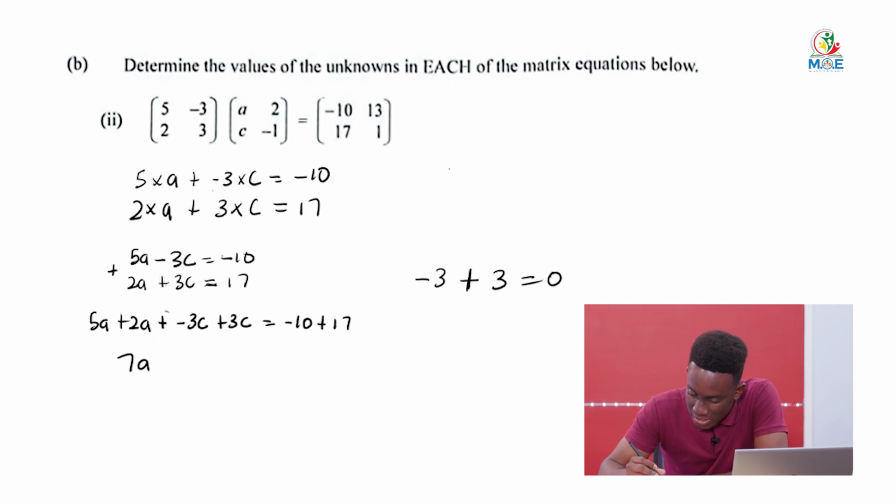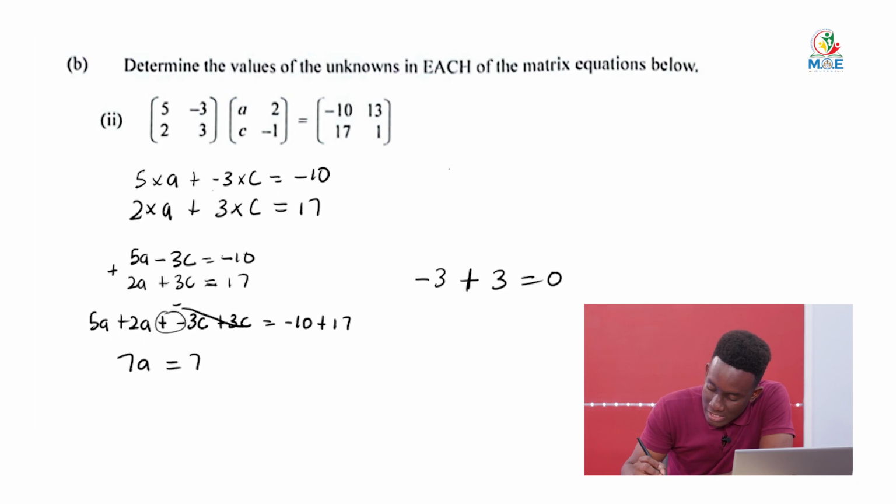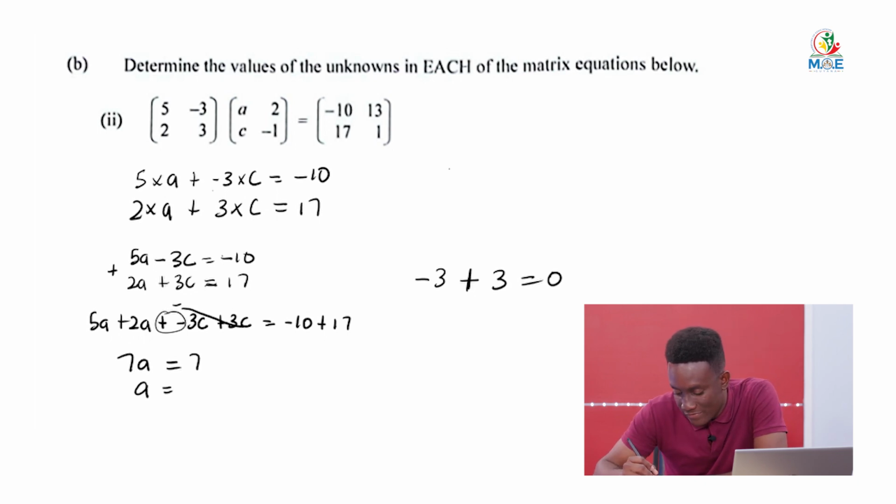And negative 3c plus 3c would give us 0. And this will be equal to negative 10 plus 17, which is a positive 7. So hence a would be equal to, the 7 is multiplying, take it over, divide, 7 divided by 7, which is equal to 1. So the value of a is equal to 1.